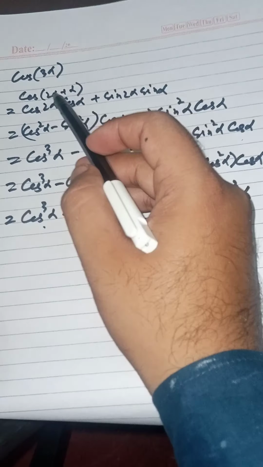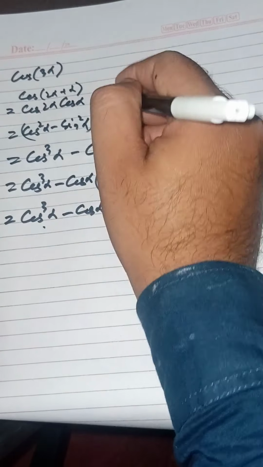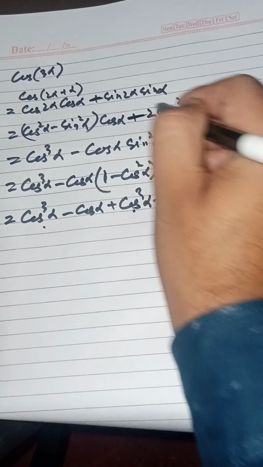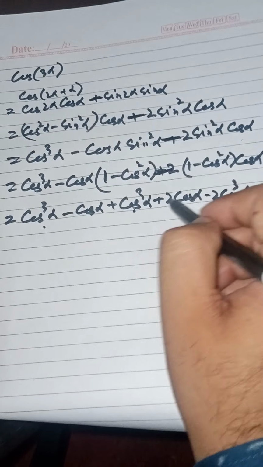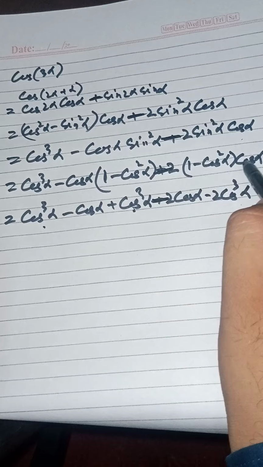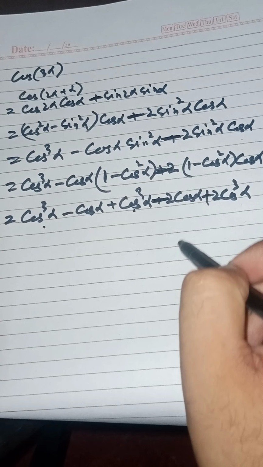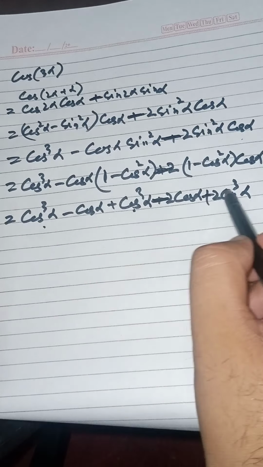I made a little bit of a mistake: cos of alpha plus beta is equal to cos alpha cos beta minus sin alpha sin beta, so the second term is minus. So cos cube alpha, plus cos cube alpha, minus 2 cos cube alpha... with the corrected signs, 4 cos cube alpha minus cos alpha minus 2 cos alpha, which is minus 3 cos alpha.